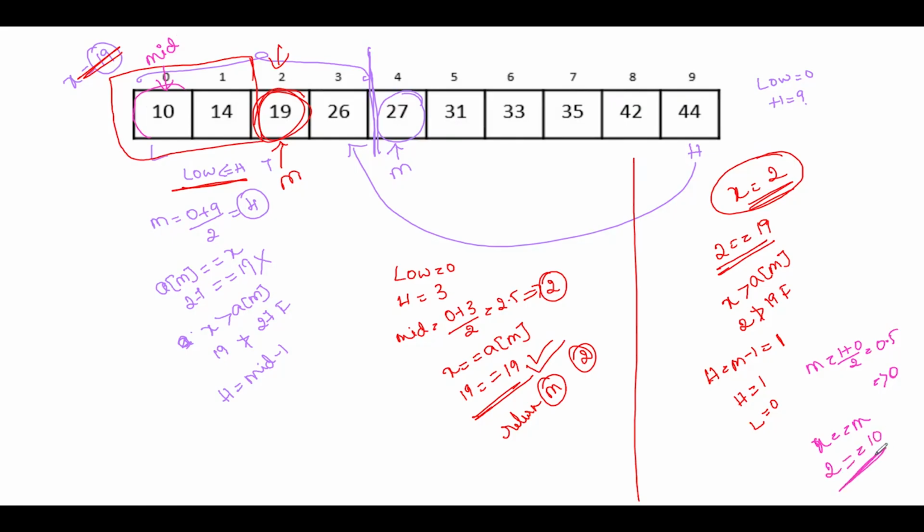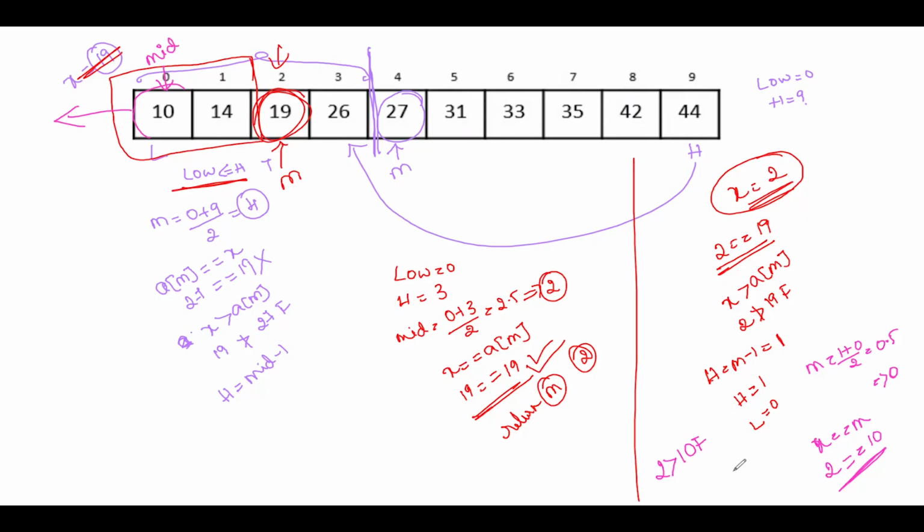It is not equal, so I need to check whether it is greater or less. Now I am comparing whether 2 is greater than 10, which is of course false. So the value I'm looking for is less than mid, which means I need to look on the left-hand side. But we do not have any value here. Let us see what happens.